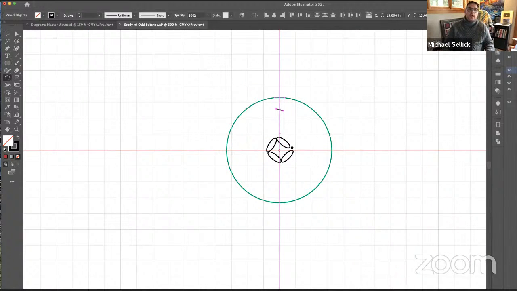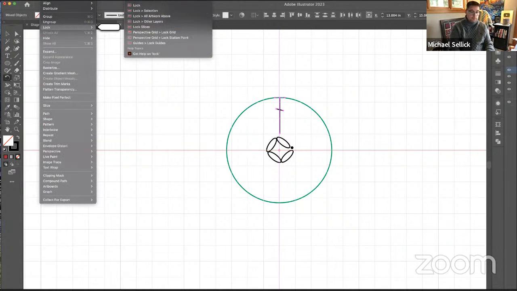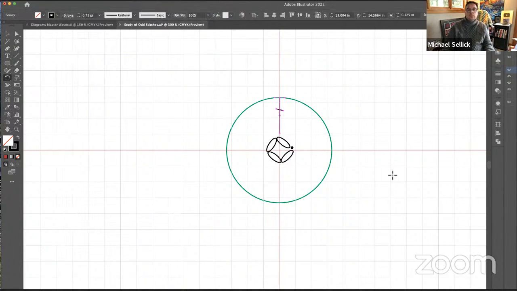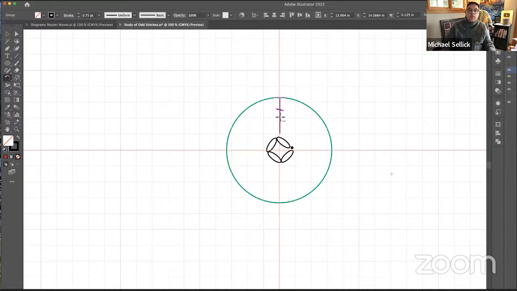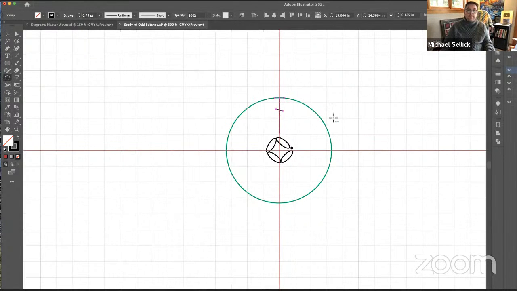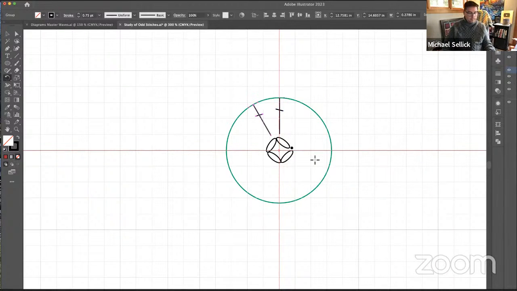I have to lock the guides. Okay, we'll try that again. 360 degrees divided by 12. Copy.